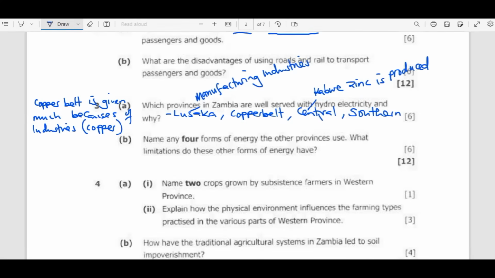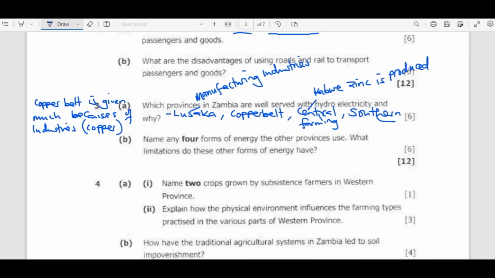So for farming also they are supplied, so as for irrigation. And then Southern Province also has a plantation and other industries which makes it a priority in terms of supplying of electricity. So those are some of the reasons to why these areas are given electricity.